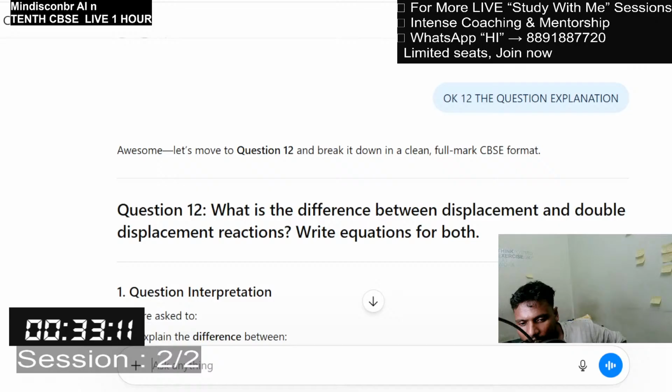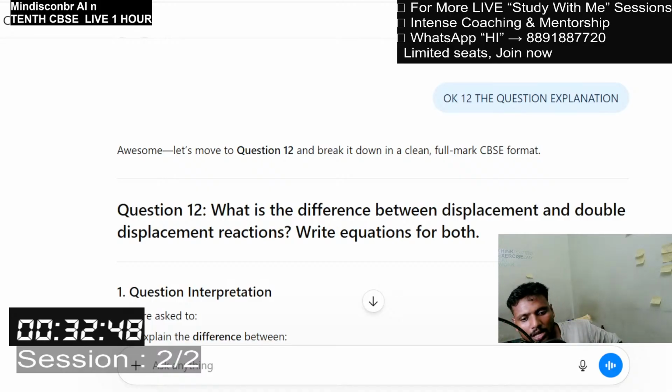What is the 12th question? Write one equation each for decomposition reactions where energy is supplied in the form of heat, light or electricity. So we have to provide one equation each for the decomposition reaction where energy is given to that particular reaction in the form of heat, light or electricity.